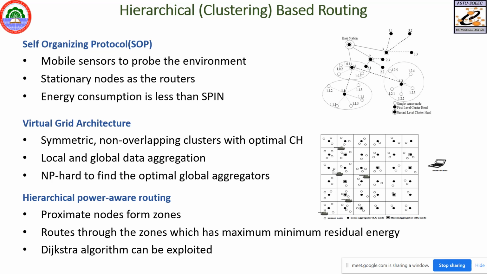When some nodes are chosen to receive the information, if they are in the same range, no problem. If they are not in the same range, it has to transmit through intermediate nodes. These intermediate nodes will act as routers in this protocol.